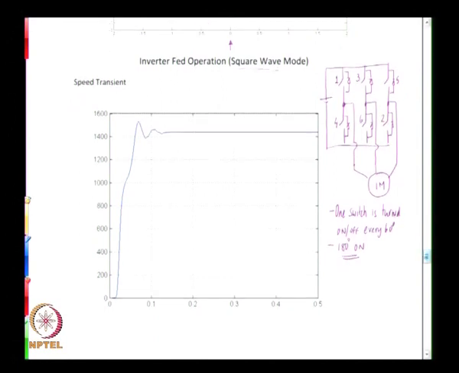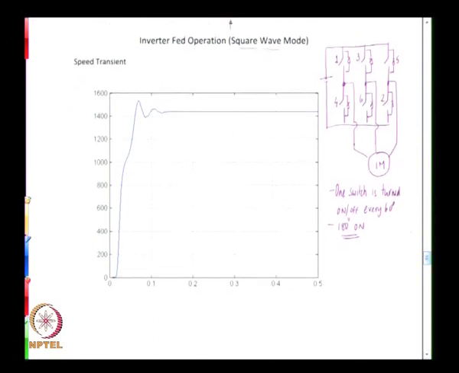The machine is connected to the same load that we had seen earlier, that is, load torque is defined as 0.002 times omega square, and then here you have time versus speed in RPM, and one can see how the machine accelerates and settles down.